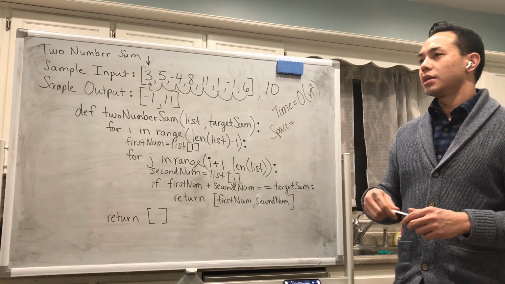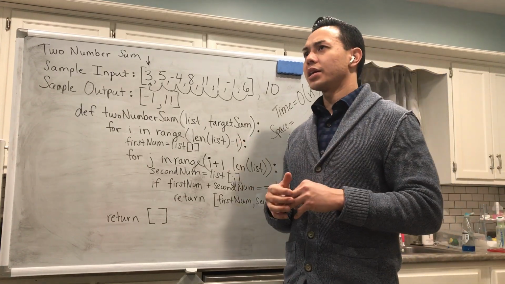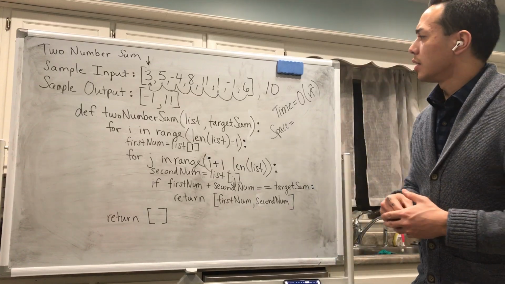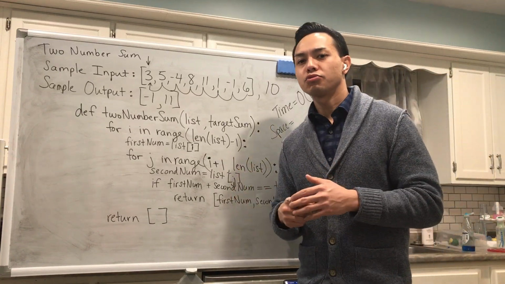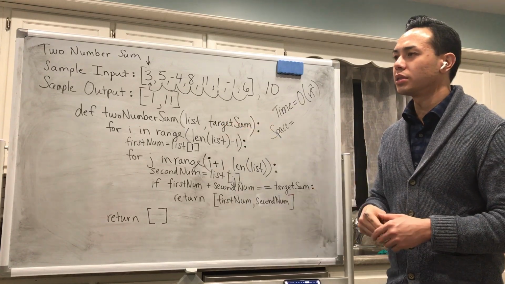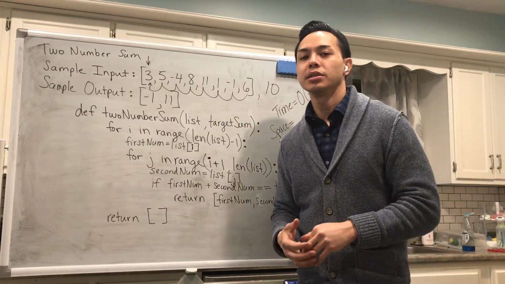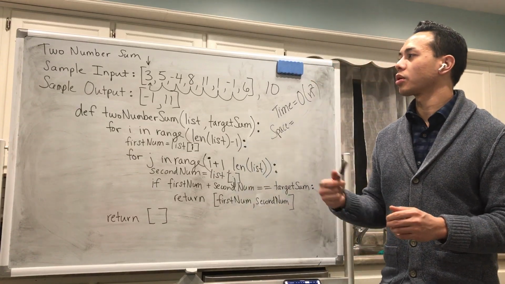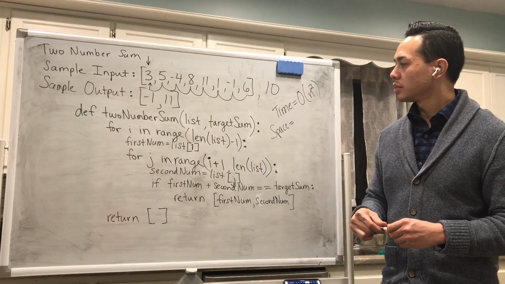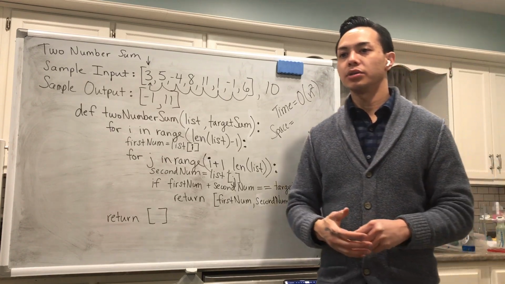But for space, instead of looking at the number of operations as the input increases, and here we have two inputs, we're looking at any auxiliary memory that your algorithm or function will require in order to run.